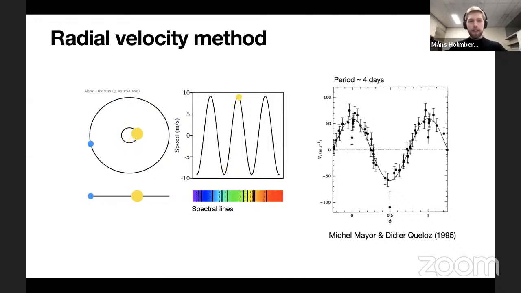We have a star and a planet, and it's not the case that the planet orbits the star where the star is fixed, but actually they sort of orbit each other. The planet is pulling on the star ever so slightly, making the star wobble back and forth when the planet goes around its orbit. And we can detect this shift by looking at the radial velocity of the star.